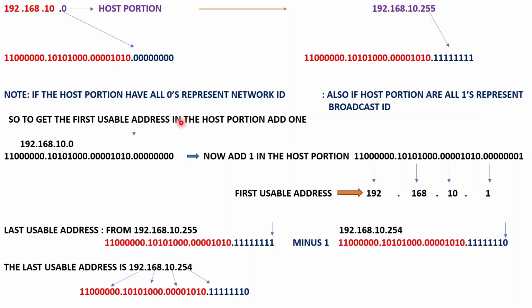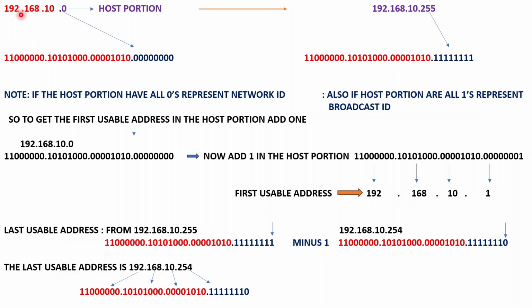Okay, so now let's move on. We are going to find now the first usable address in the host portion. So let us come back here to our network ID. Our network ID is 192.168.10.0. Once we convert these numbers into binary codes, 192 into binary code, you get 11000000.